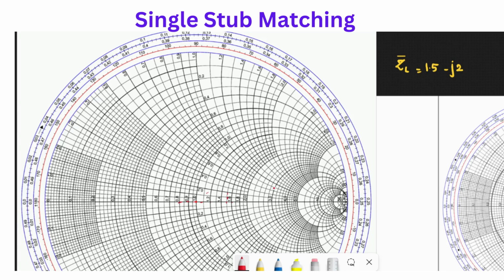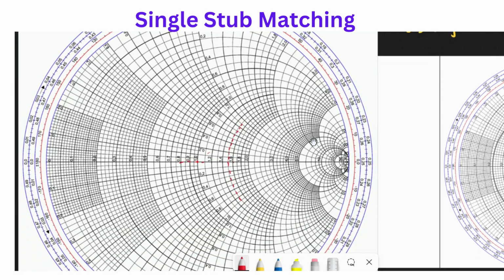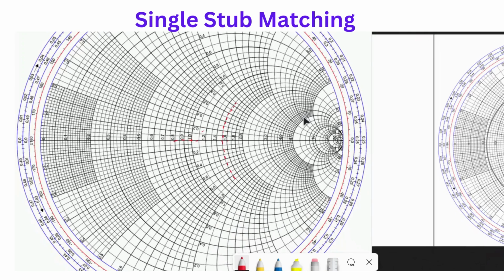I'll highlight the circle. Since the load impedance is given as negative, we have to go downwards because the reactance is negative. So the reactance should always be shown below. So this is the 1.5 resistance circle. I'm just marking it right here.